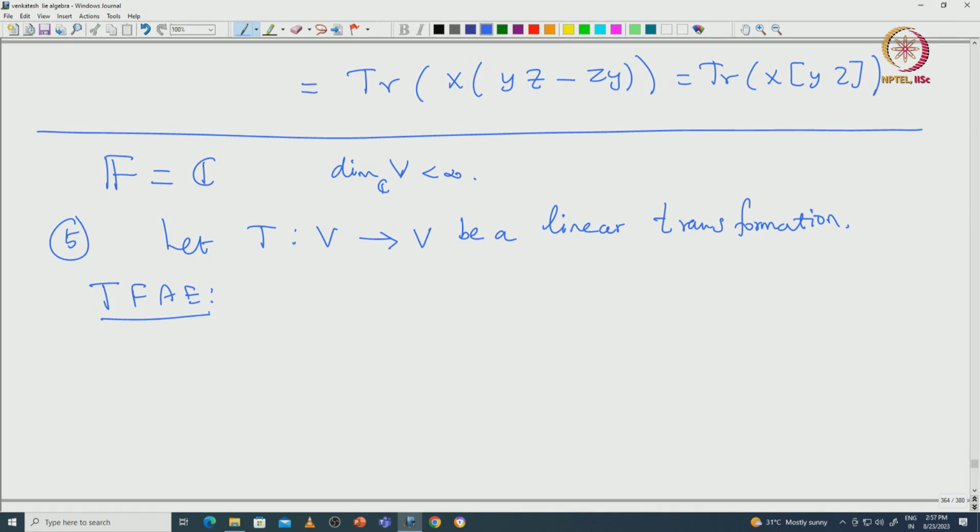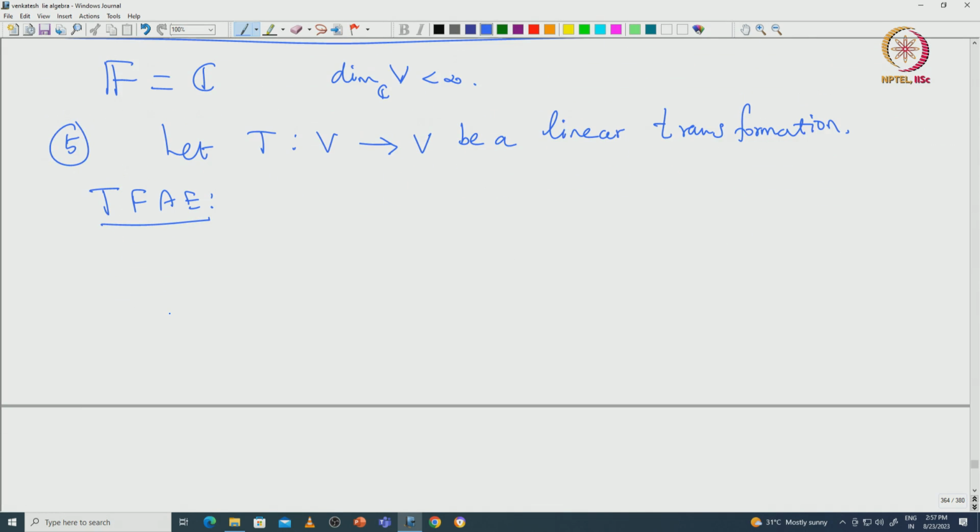I am not going to prove all of these equivalences. Most of them you know already, so I am just recalling these facts. If you are not comfortable with some of the things, you should try to prove them. All these facts involve only elementary linear algebra, nothing more. Maybe I will try to prove one or two equivalences which you haven't seen before. So, what I want to say is that T is nilpotent.